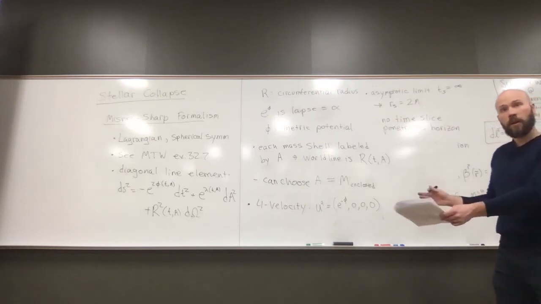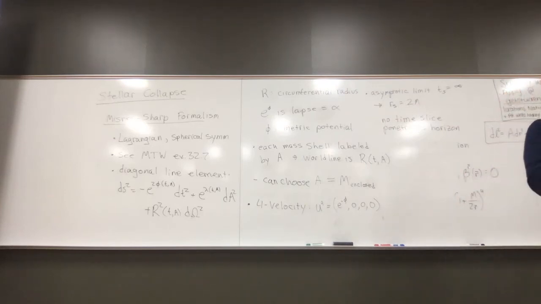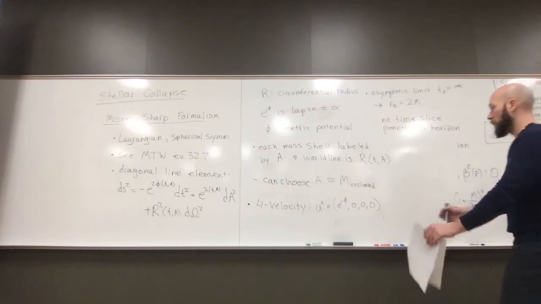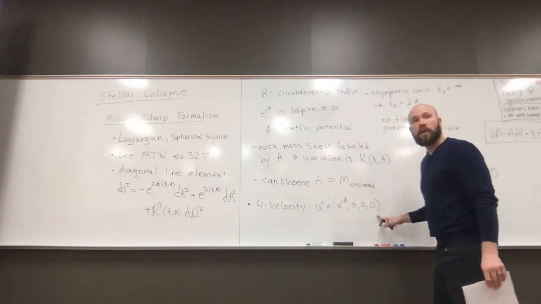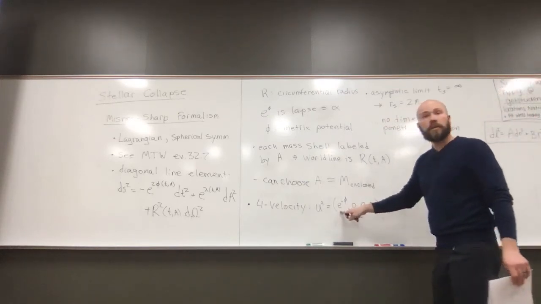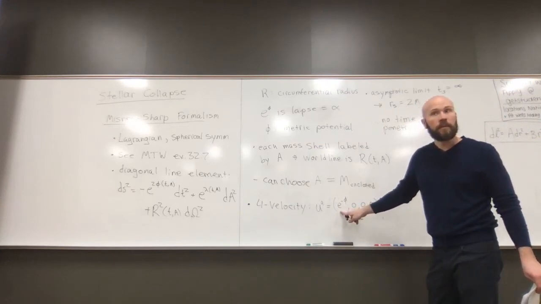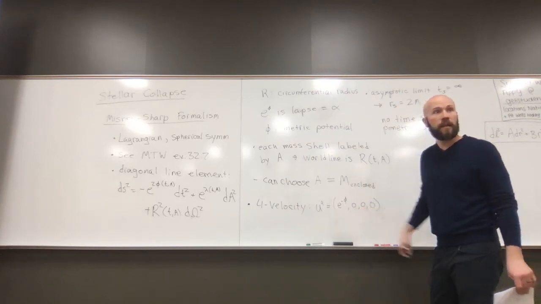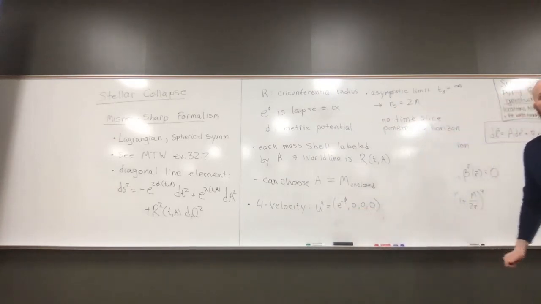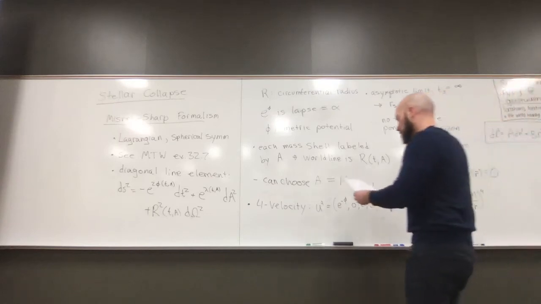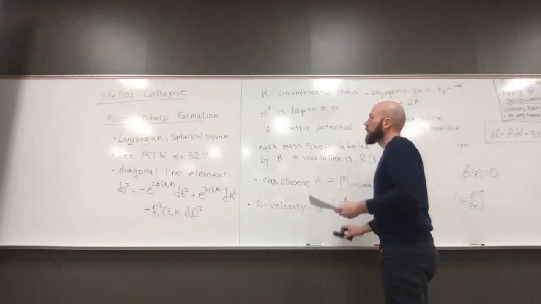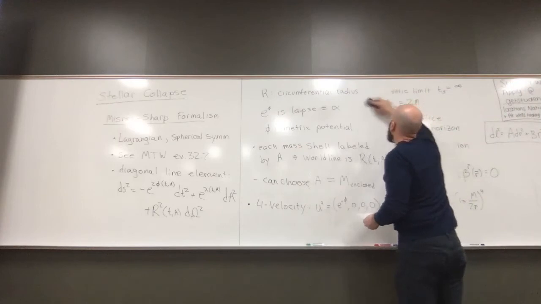The coordinates are moving along with the mass shells as they collapse, and so the spatial part of the 4 velocity is 0. It's all just moving in this direction. And that is just 1 over the lapse, which we've seen before, if you recall, for 4 velocities of a free fall, right? Okay, so let's define some more variables.